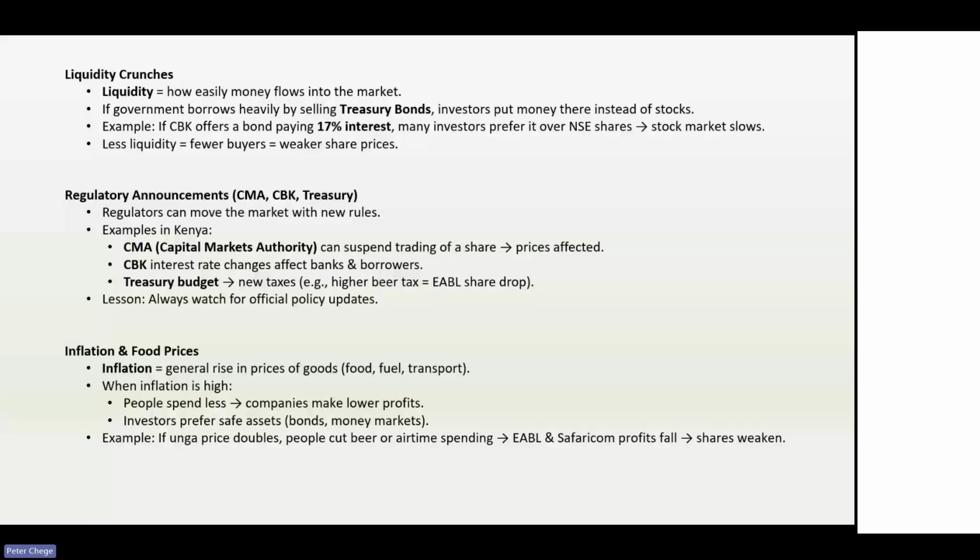NSE is fully regulated by the Capital Markets Authority, CMA. Let me just give you a brief history of NSE. NSE started with brokers. Brokers would go source for clients, for the companies that want to sell their shareholding. They go source for the client, come with a paper, go to NSE with that paper, and agree with another broker.